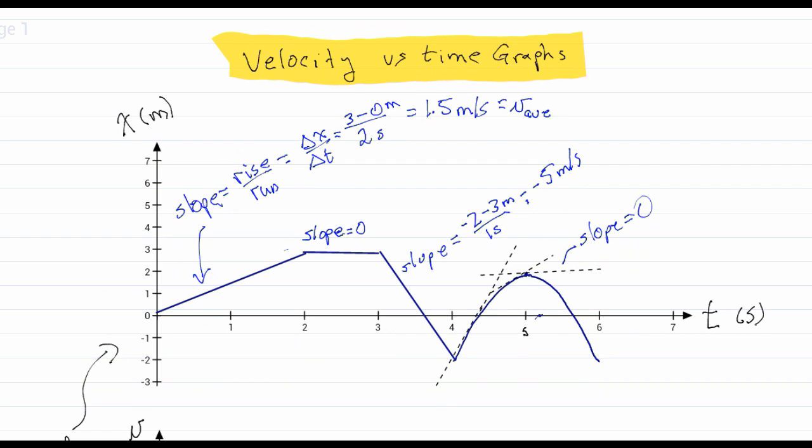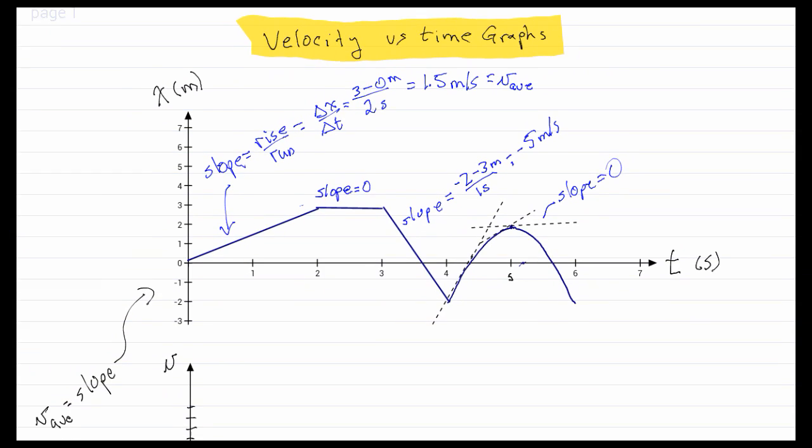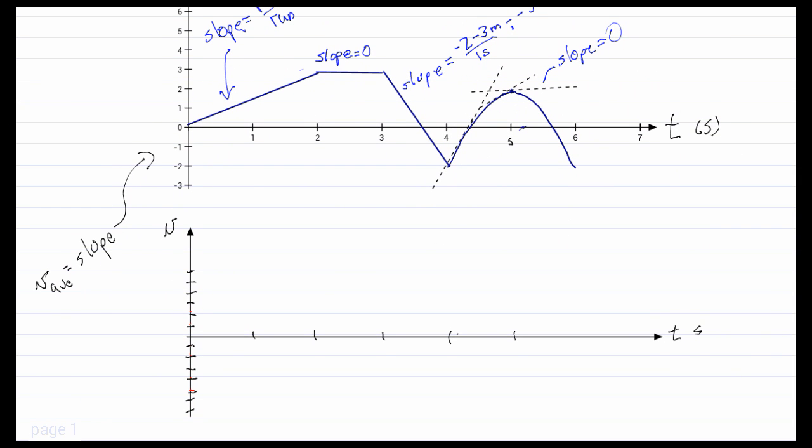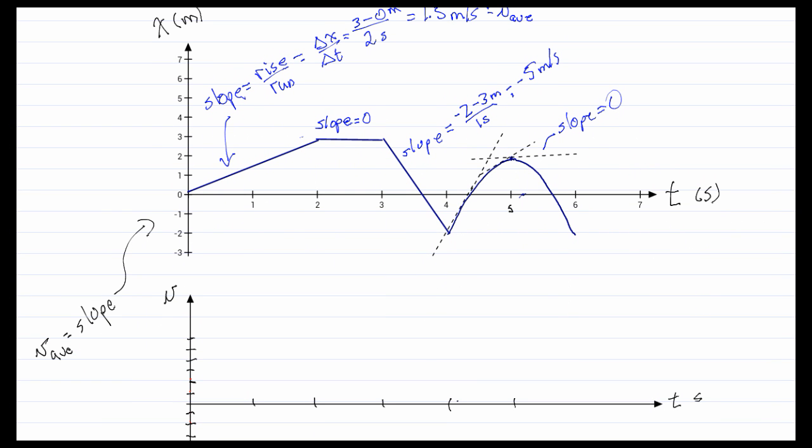So what we're going to do is plot velocity versus time now in another graph. I've already drawn those axes down here, and we can now draw the graph. So let's look at the first interval from t equals 0 to t equals 2.